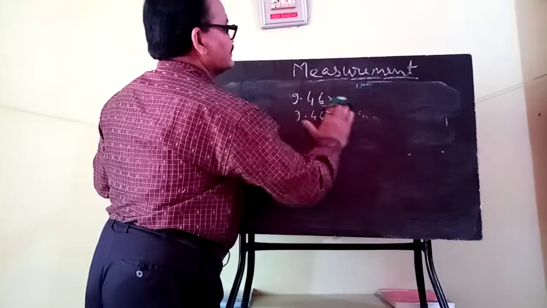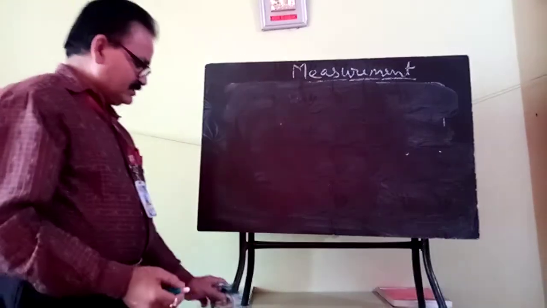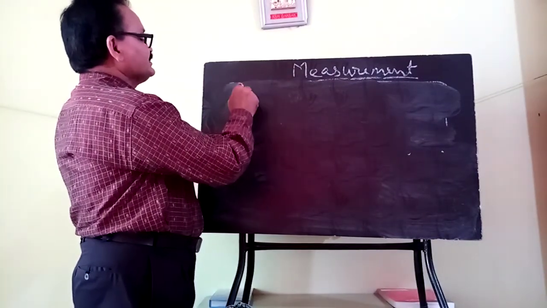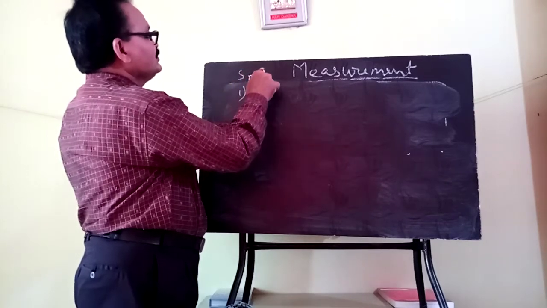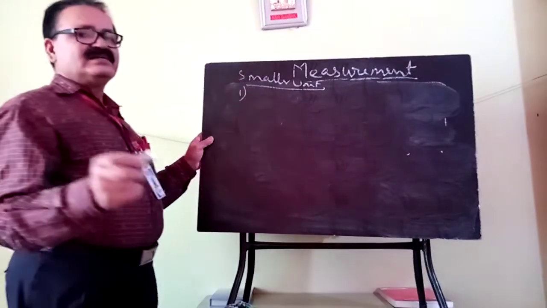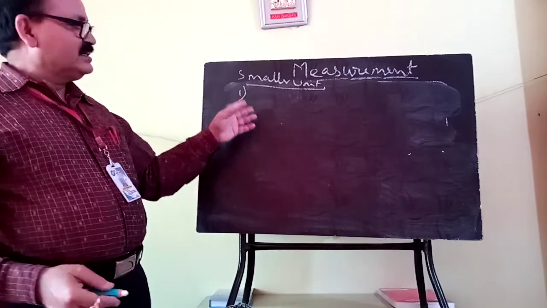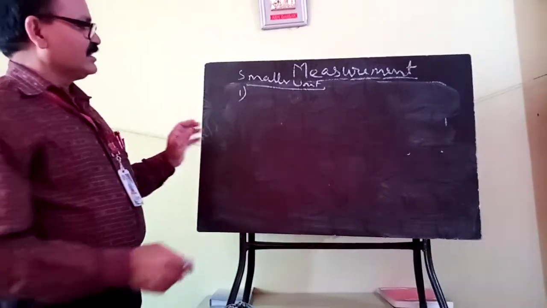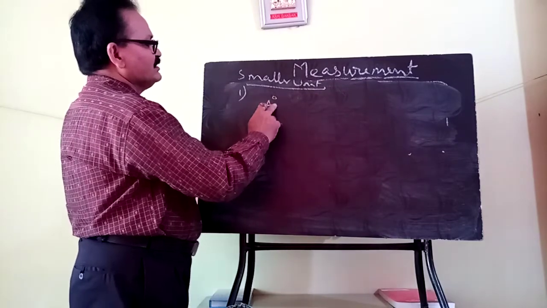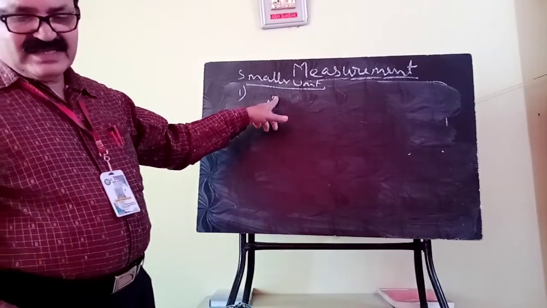Now there are a few smaller units of distance also, the first is your angstrom. I already explained the smaller units a few minutes before. Angstrom is denoted by a capital A with a small 0 at its top.